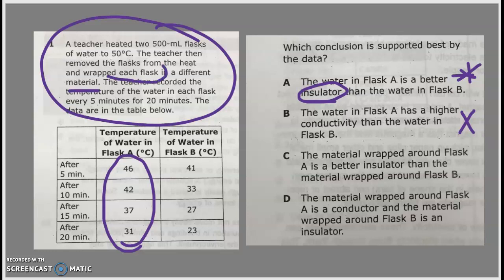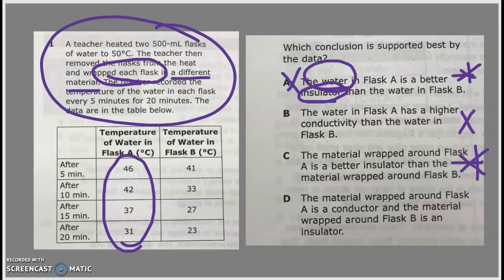That is the difference, that's our variable. Each one's different, okay? So this one is a better answer choice than my first one because, if I look back at here, the water isn't the insulator, the material is. So at that point, I need to go ahead and cross this out. That's why we always evaluate all answer choices.